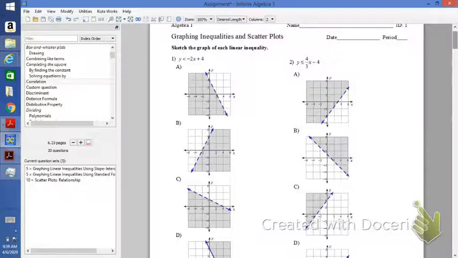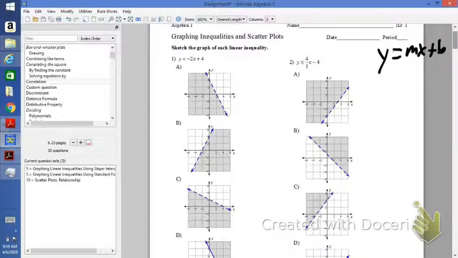Alright, so for the first one, we have y less than negative 2x plus 4. This is nice because this is already written in slope-intercept form. Remember, slope-intercept form looks like y equals mx plus b.